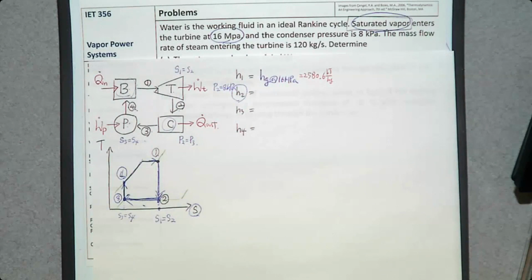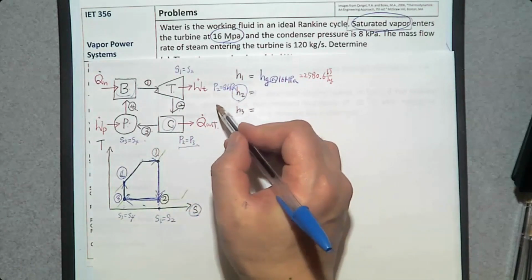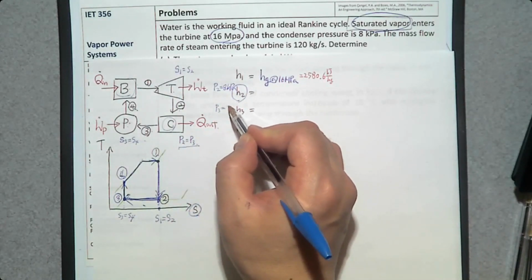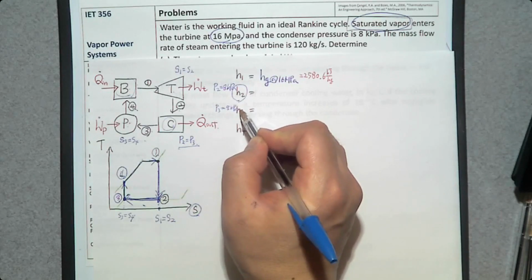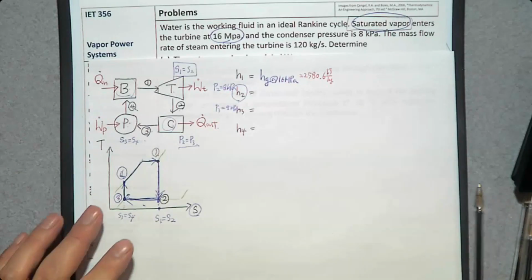What is that? P2, P3, yeah, P3 is 8 kilopascal. Anything? Oh, S1, S2. So the specific entropy at state number 2 is the same as the specific entropy at state number 1. Can you determine S1? Yes.